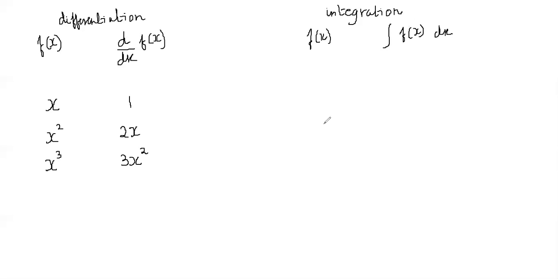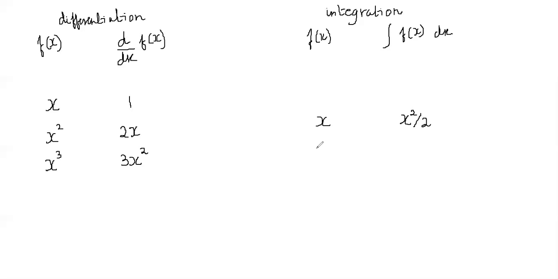So let's consider x. Integration of x in the sense the value of x is going to increase. The power is going to increase, the power is 1, so 1 plus 1 will be 2, divided by the power 2.